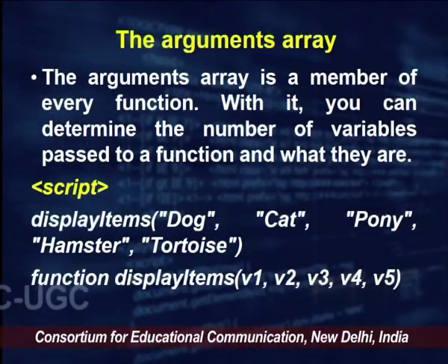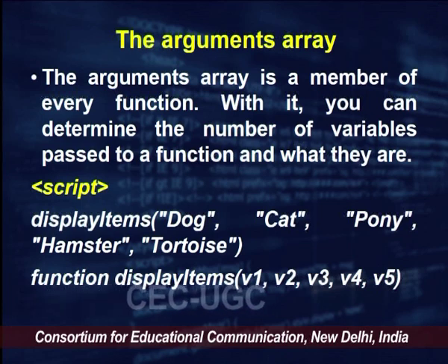In JavaScript, these are passed by value, although in some languages function arguments can be passed by reference also, but in JavaScript we always pass the arguments to a function by value. Arguments can also be an array.